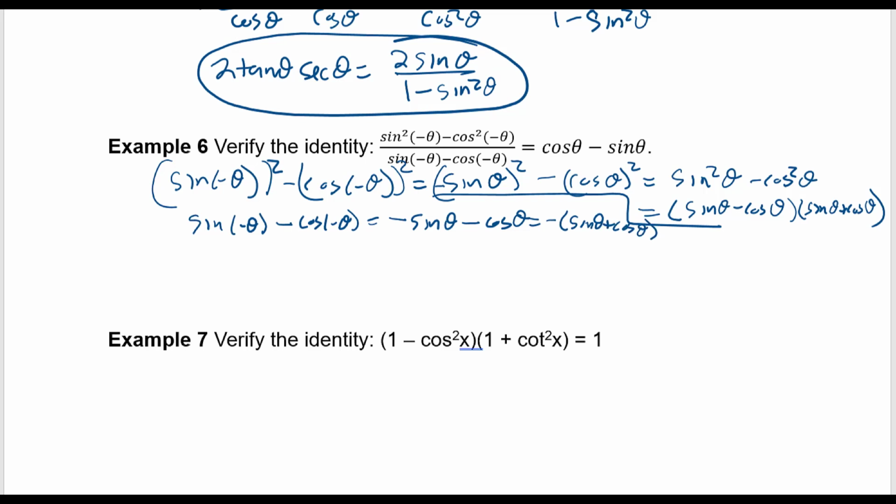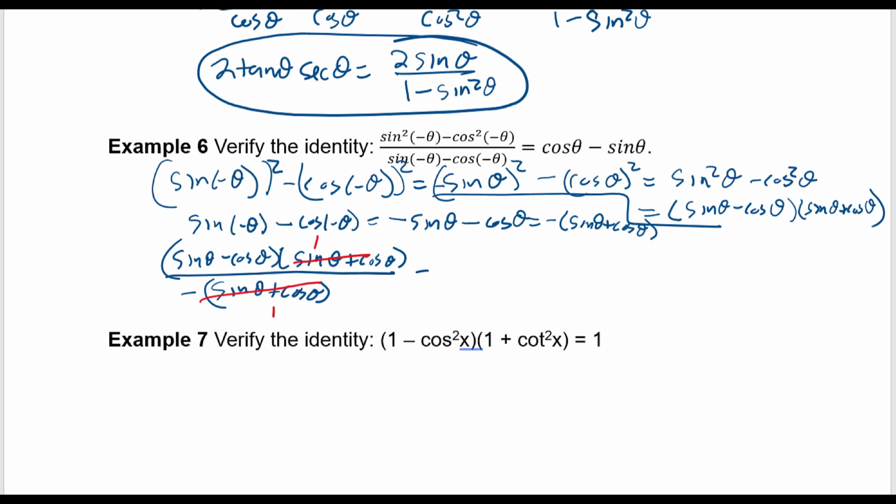Okay, so let's put this together. What we have is sine theta minus cosine theta times sine theta plus cosine theta over the negative of sine theta plus cosine theta. So this divides out there. And what's left is this negative attaches to that numerator.